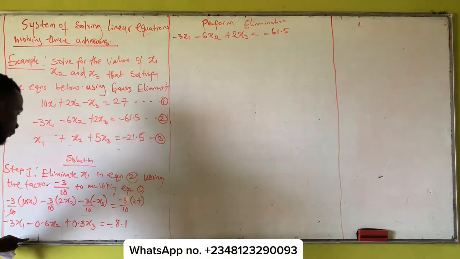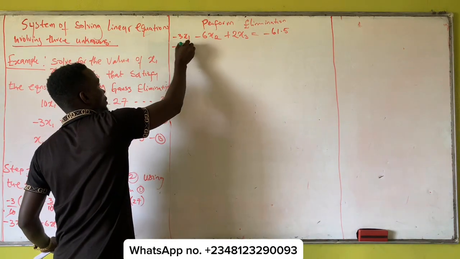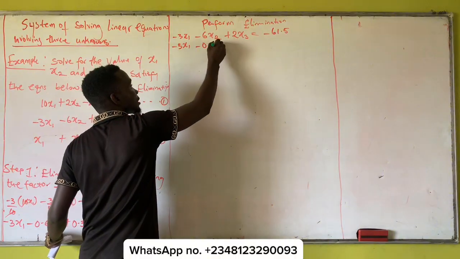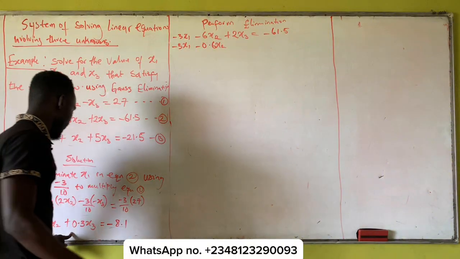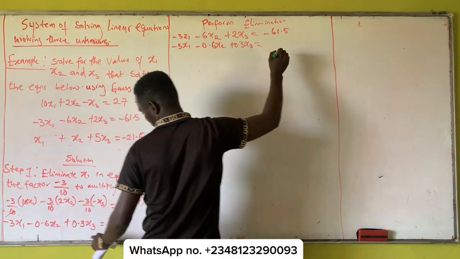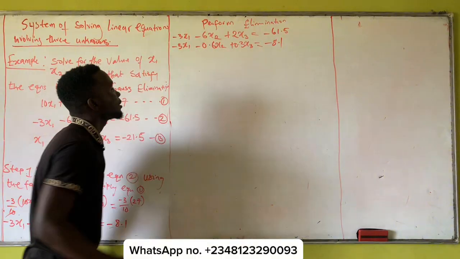The equation we formed that we are going to use to eliminate that is minus 3x1 minus 0.6x2 plus 0.3x3 equal to minus 8.1.